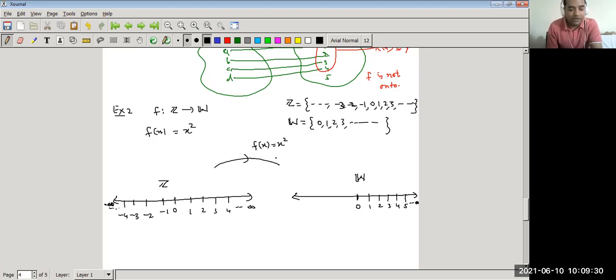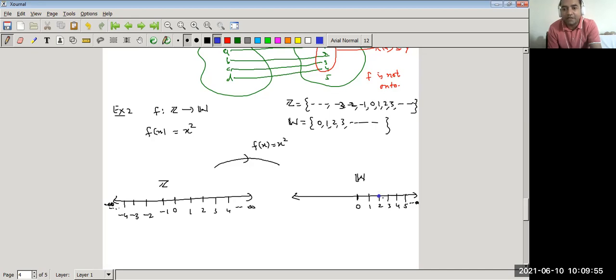Now, how can we prove this? So we try to discuss the rigorous proof of this function, how we can think geometrically, or how we can prove that this function is not onto function. So let us pick this number 2, because what is the definition of onto function?